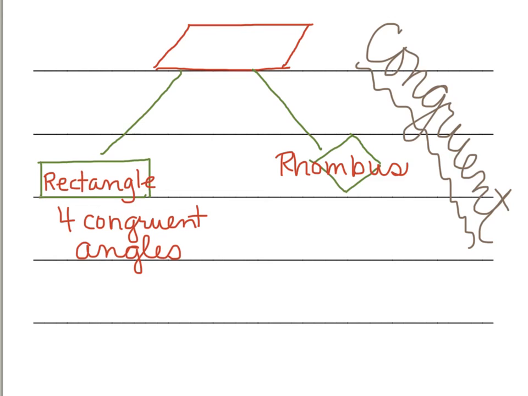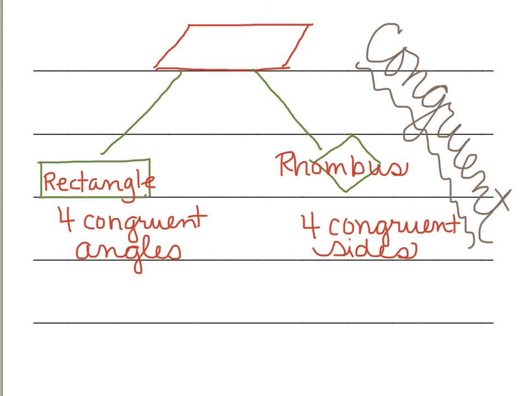A rhombus has 4 congruent sides. So the sides are all the same length. Rectangle, 4 congruent angles, but notice the sides have different lengths. The rhombus has 4 congruent sides.